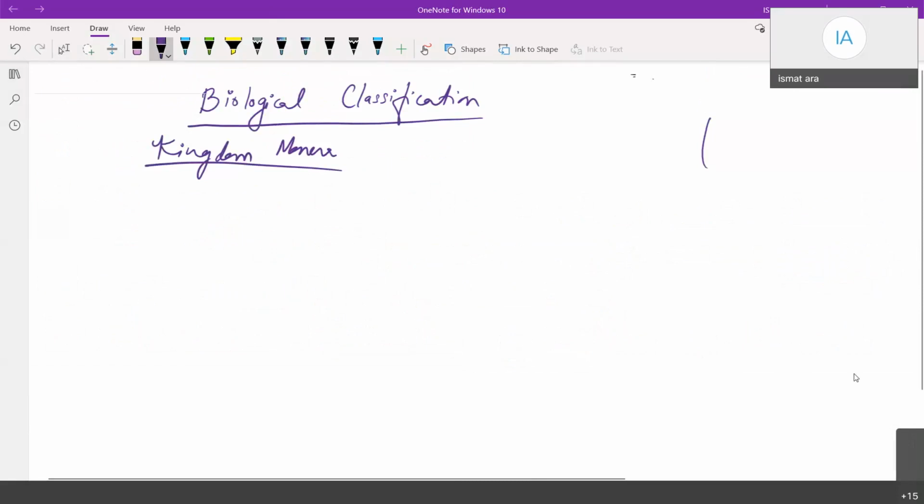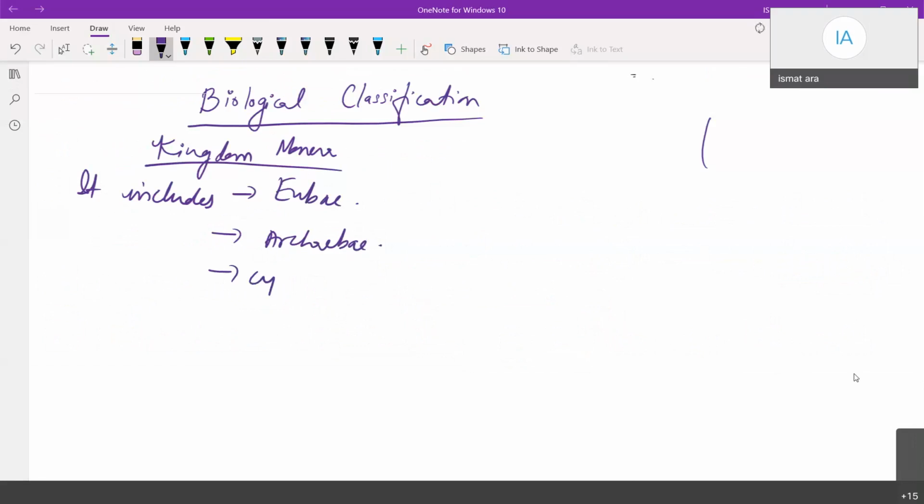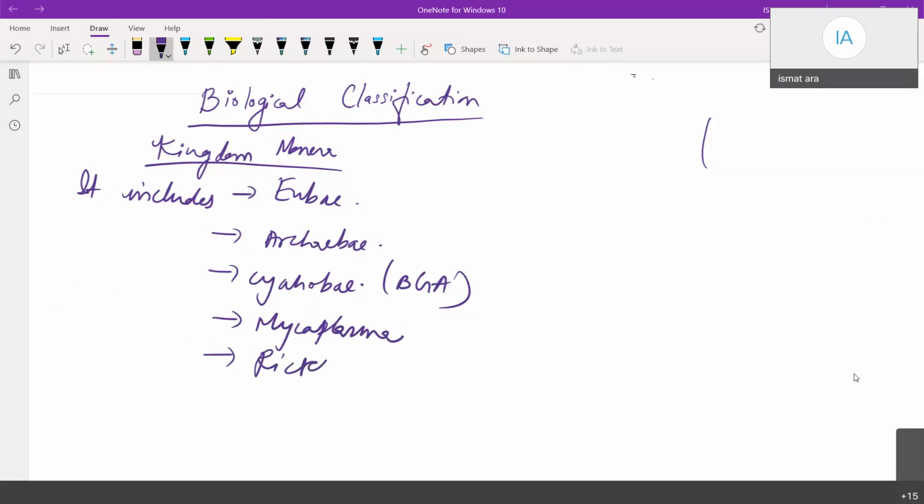Now next, it includes bacteria, archaebacteria, cyanobacteria, that is blue green algae, mycoplasma, rickettsia, actinomycetes, and chlamydomonas.